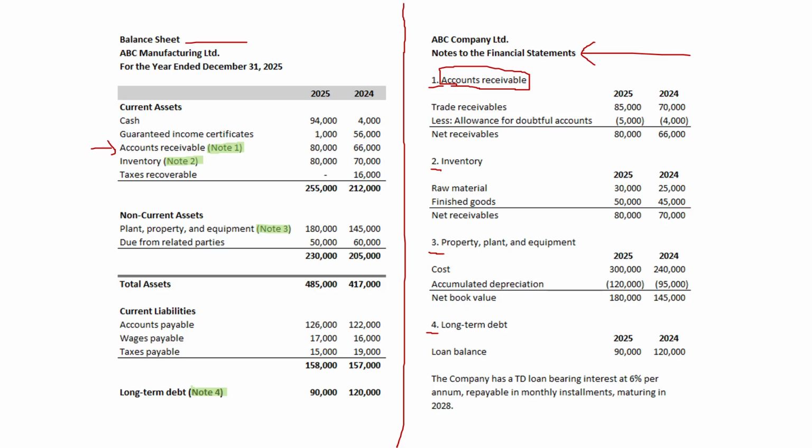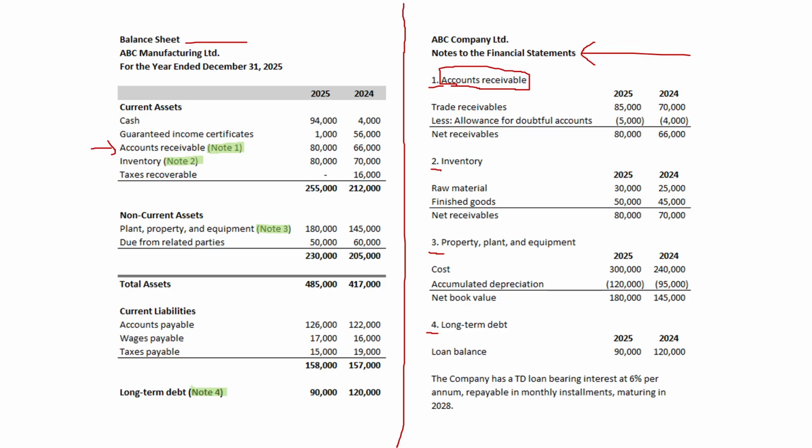Sometimes there'll be notes that don't apply to any line items. They'll just give you some additional context or policies that were used without referencing any line item. But those are usually things that you might not have to read in detail. It depends on the situation, of course.